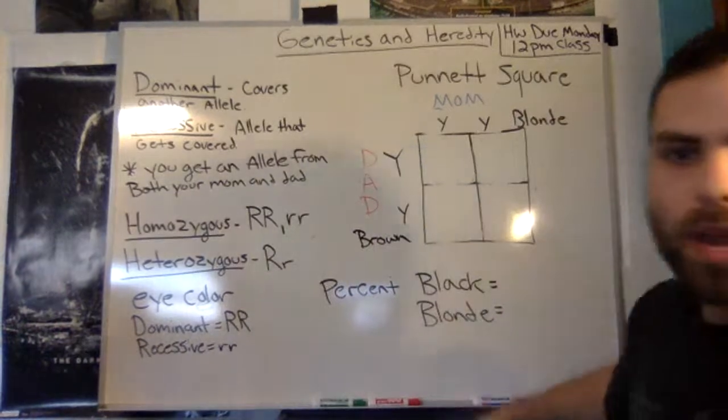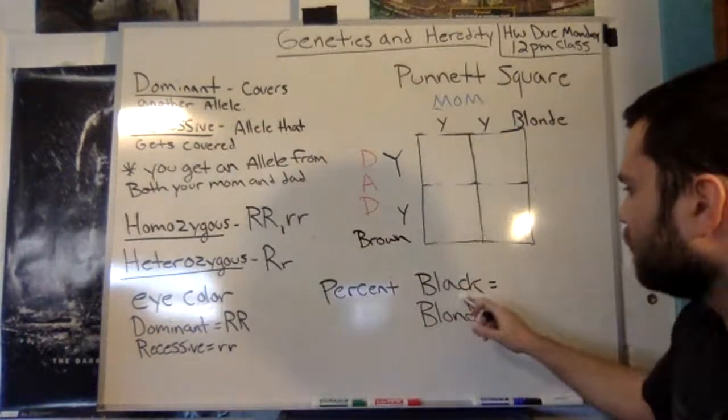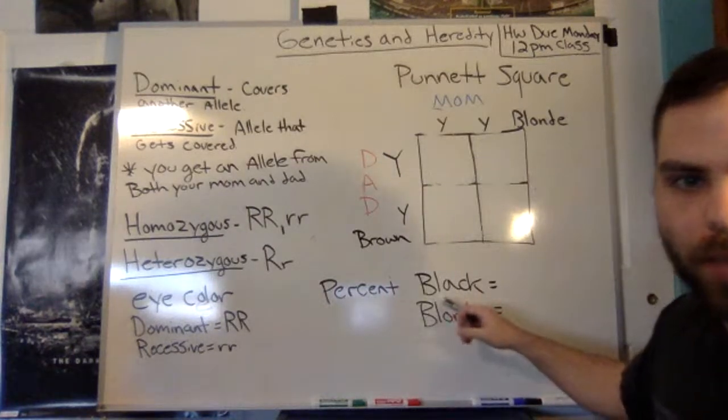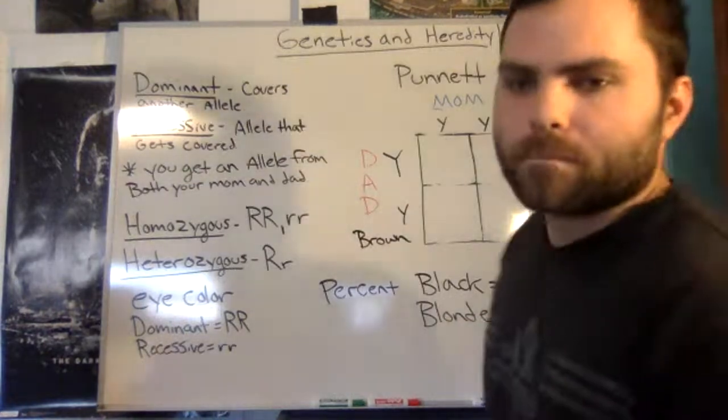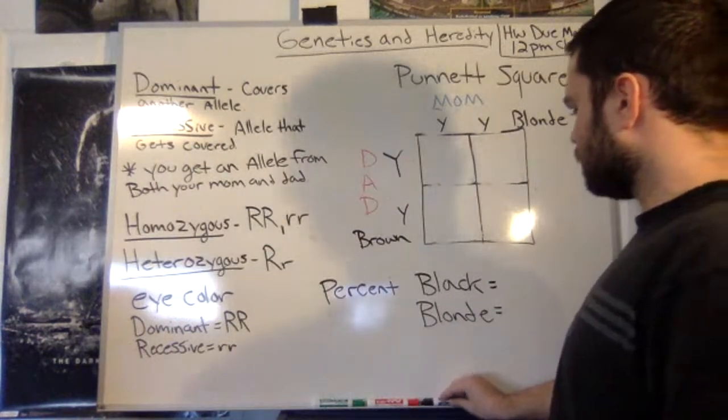So I want you guys right now to fill out your Punnett squares and then calculate the percent chance that their offspring is going to have black hair or blonde hair. All right, I'll give you guys a little time.